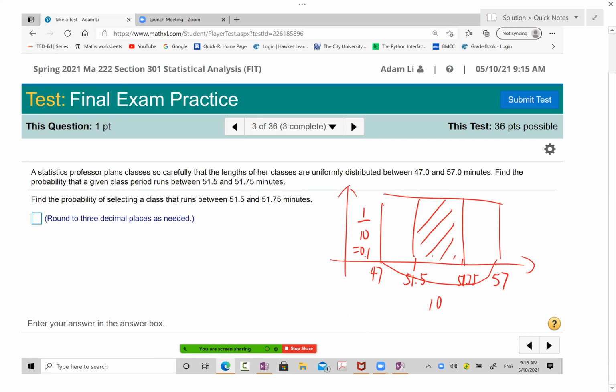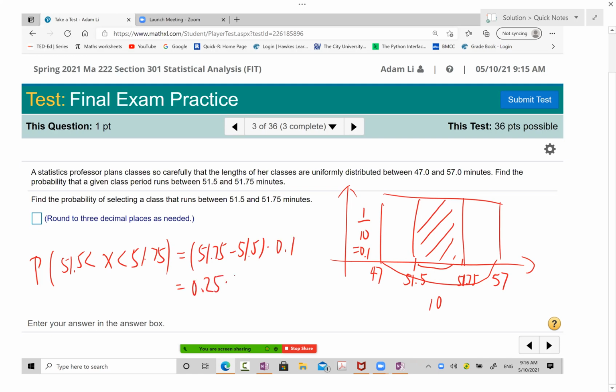Still we're using base times height, right? So the probability for a class period to run between 51.5 and 51.75: the base is 51.75 minus 51.5, times the height 0.1. So this is 0.25 times 0.1. So this is 0.025.